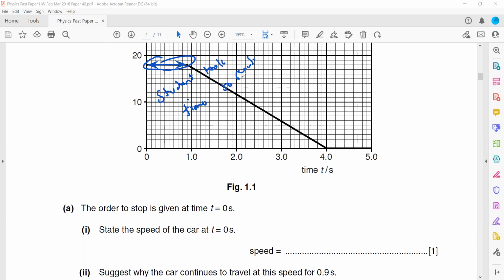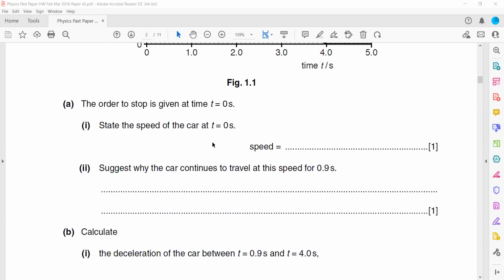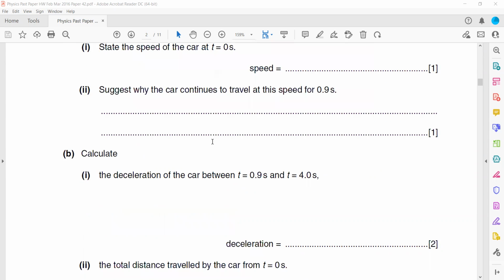That's why the car did not stop. So the reason the car continued to travel at this speed for 0.9 second is because the student took time to react, or the reaction time of the student is responsible for it not stopping immediately.